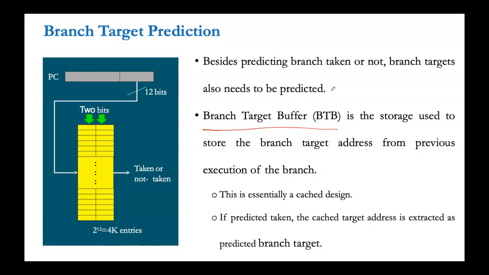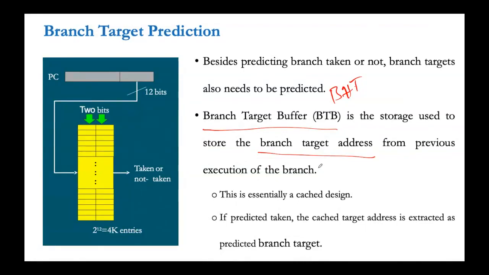We call that the branch target buffer. The branch history table and the branch target buffer are different. This branch target buffer is the storage used to store the branch target addresses from the previous execution of the branch.